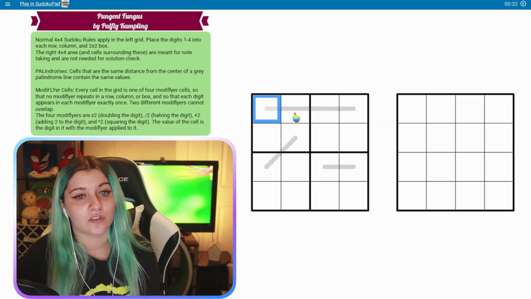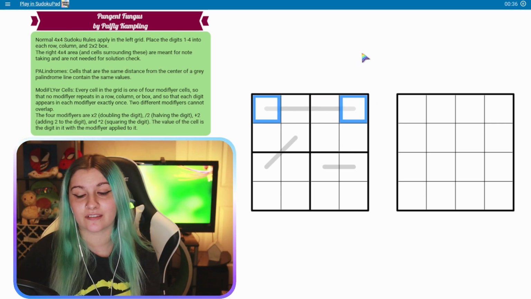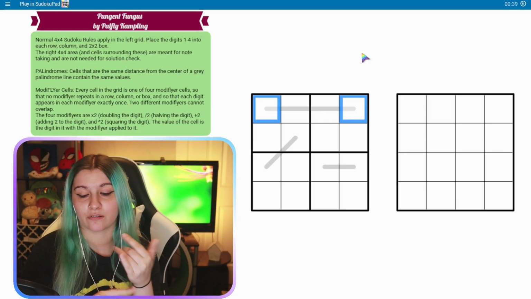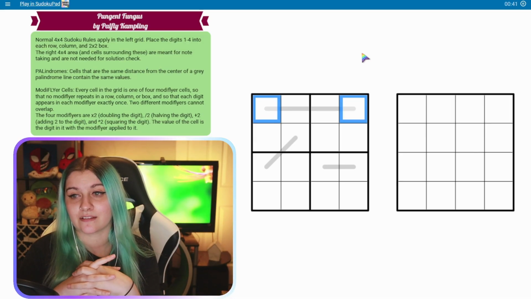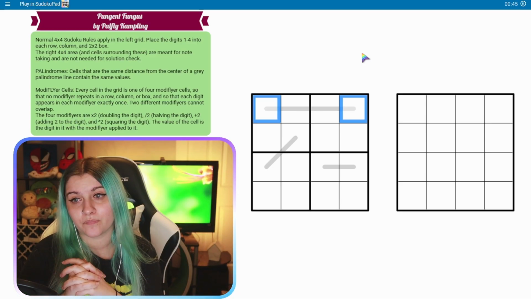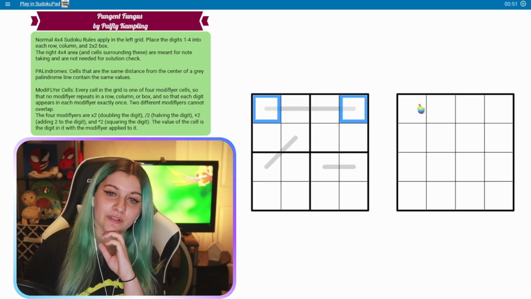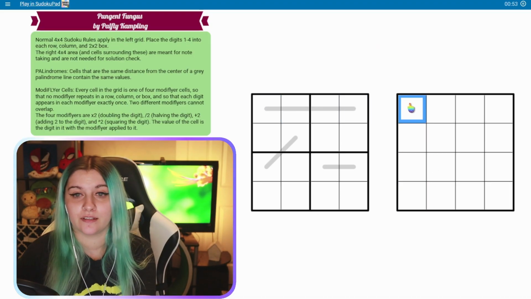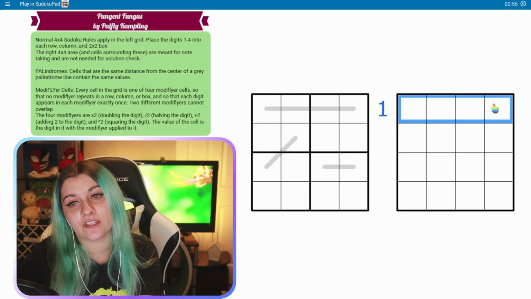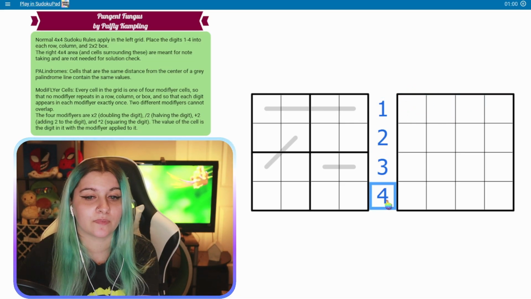So what are my options for getting these 2 digits to be the same? Everything's modified. Nothing's going to be a regular 1, a regular 2, a regular 3, a regular 4. It's going to be modified in some way. Maybe I could do, oh gosh, what are the options? I kind of want to go through all the options for 1, but that'd be some interesting note-taking.